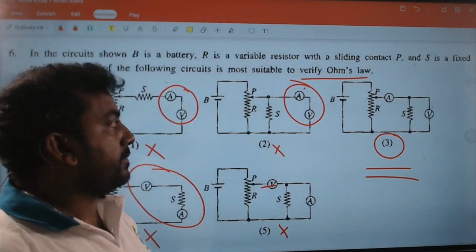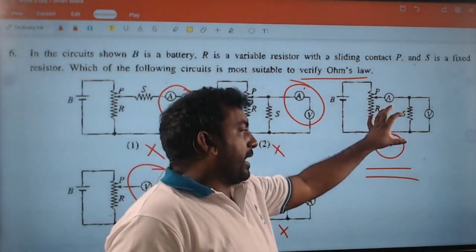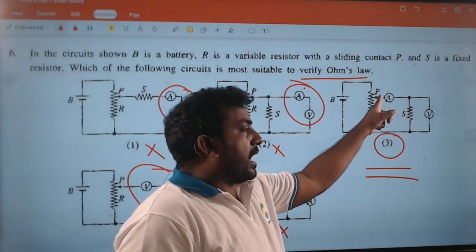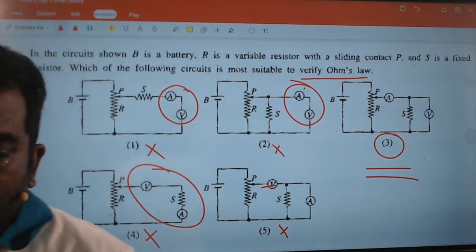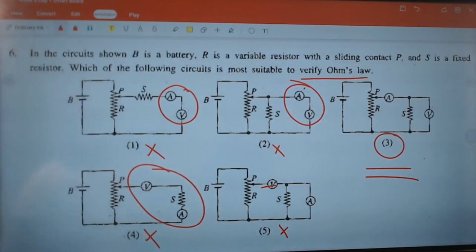Keep writing. When the potential difference changes, the current in the circuit will also change.